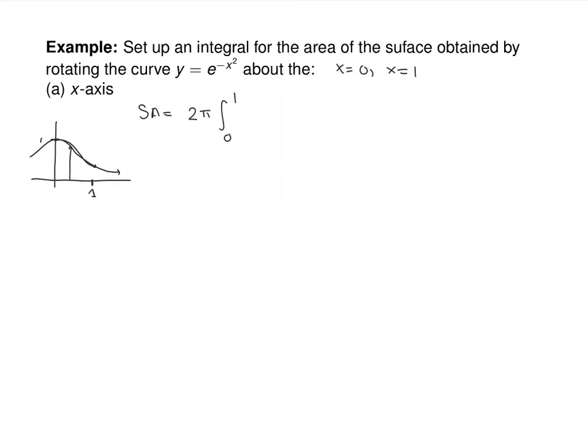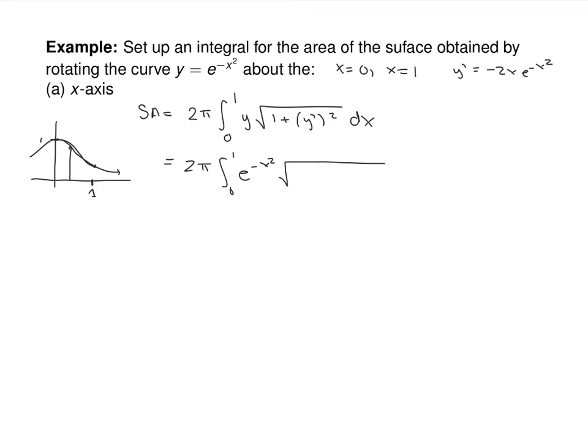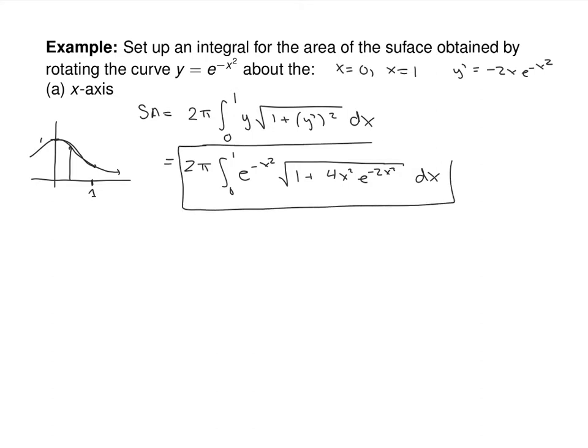The distance out will be y, square root 1 plus y prime squared dx. And in for y, I'm going to stick e to the negative x squared. If I'm choosing to use x's, I have to have x's there. Then remember that y prime is negative 2x e to the negative x squared, so it'll be 1 plus, squaring that, 4x squared e to the negative 2x squared. So there's the setup for surface area about the x-axis.